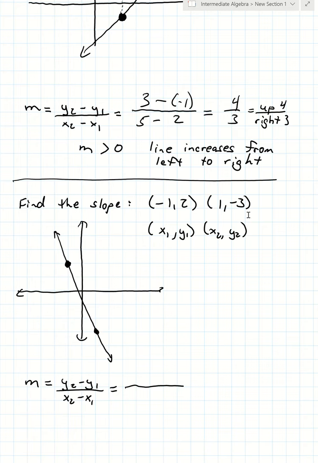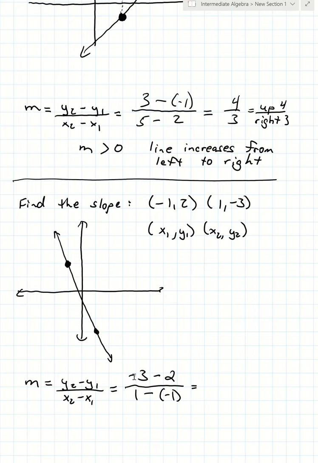Y sub 2, that's -3, minus y sub 1, that's the number 2. X sub 2 has the numerical value of 1, minus x sub 1 has the numerical value of -1.